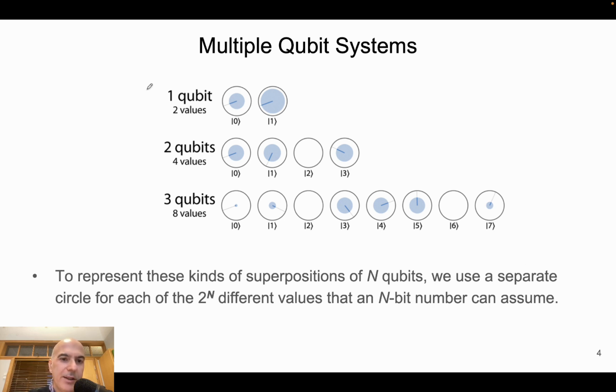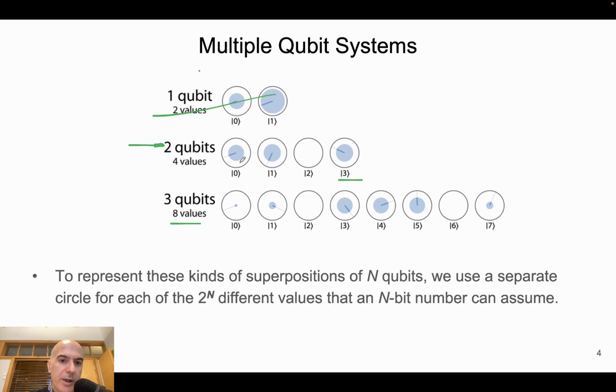We have seen this before, so we don't care much about this now. What is interesting now are these multi-qubit systems. As I told you before, if we have a 2-qubit system, then we can have 4 states from 0 to 3. If we have 3 qubits, then we can represent 8 values. As we saw in the 1-qubit system, we allow for the superposition of states.